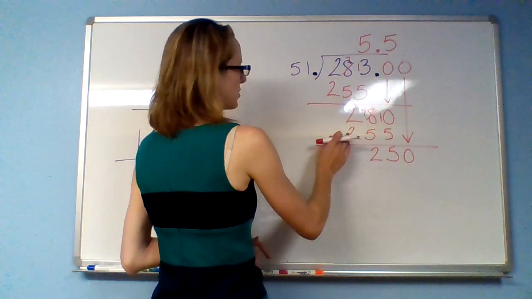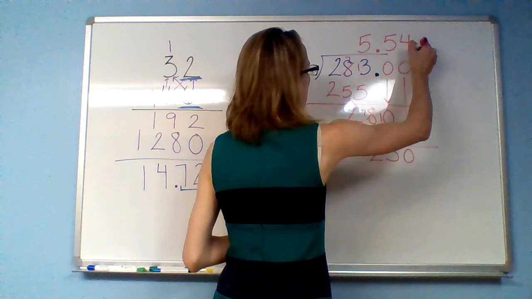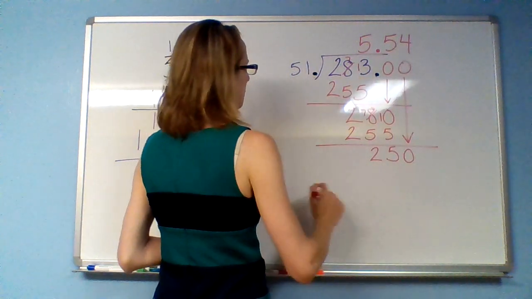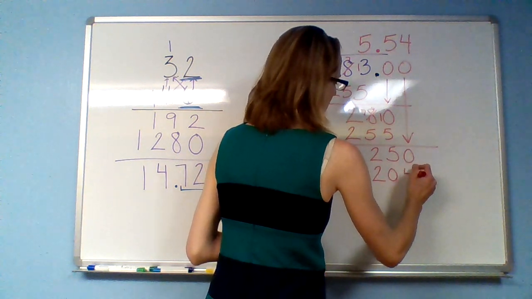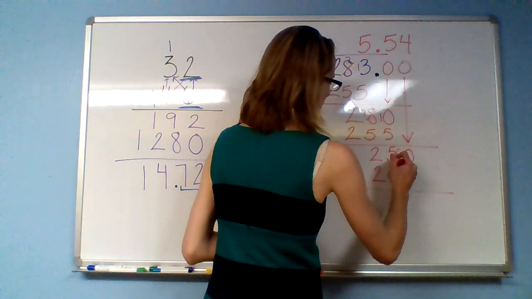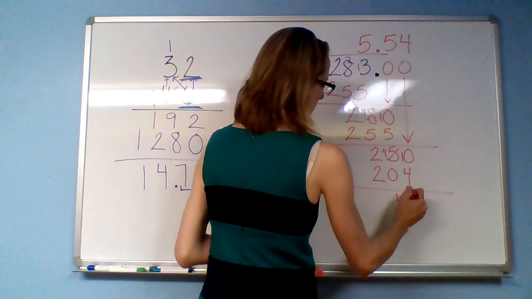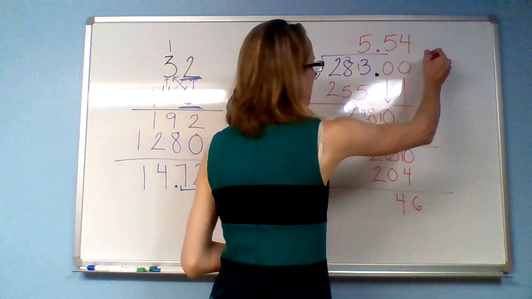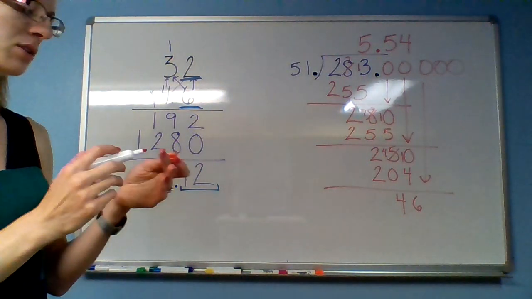5 times 51 was 255. I only have 250 this time, so I know it's going to be 4. 4 times 51 is 204. I could keep bringing down as many zeros as place values that it wants you to go out to.